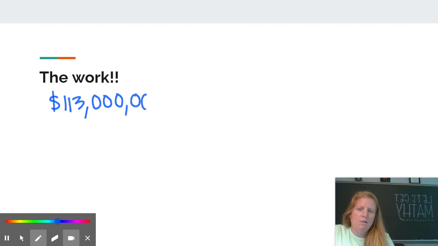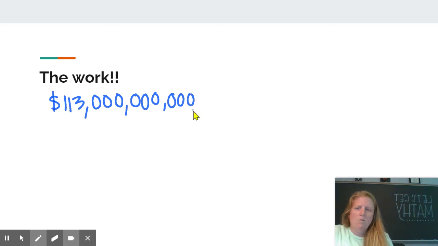Now we're looking at 113 million. Now we're getting into the billions, quite a few zeros there. So what we're trying to do, and this is where the dimensional analysis or the unit factor is going to come into play, is convert this into how many planes.